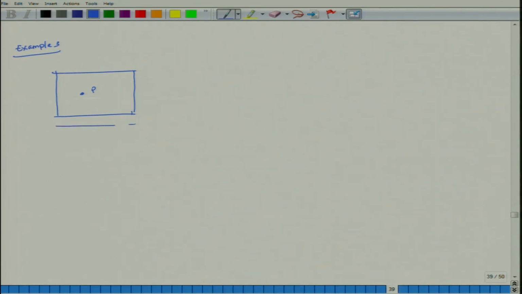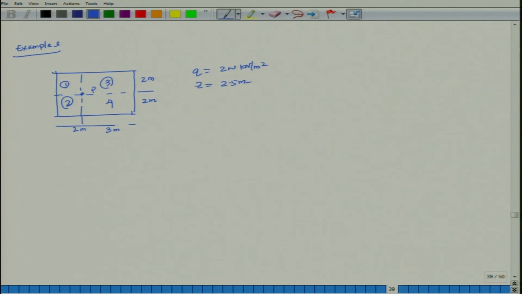The distance of point P from here is 2 meter, here it is 3 meter, here it is 2 meter, here it is 2 meter. Now, if I divide it in such a way, then this will be 1, 2, 3 and 4. For all of these, dimensions have been given, Q is given, Q is equal to 200 kilonewton per meter square, and Z is given, the distance below the ground surface, is 2.5 meter.